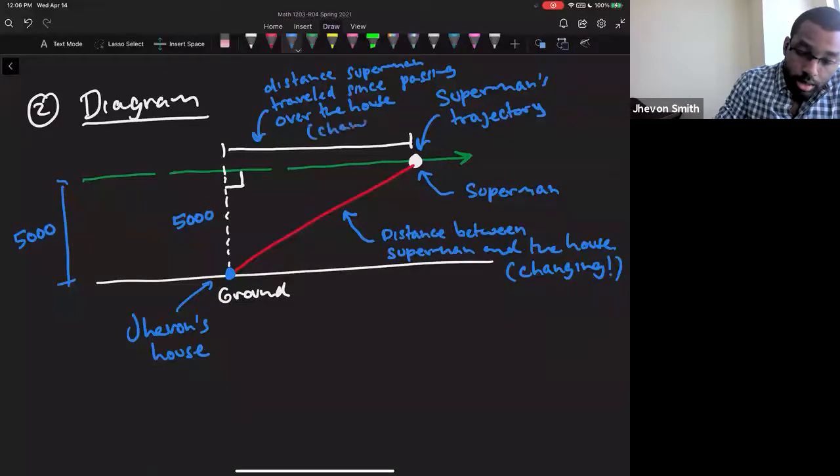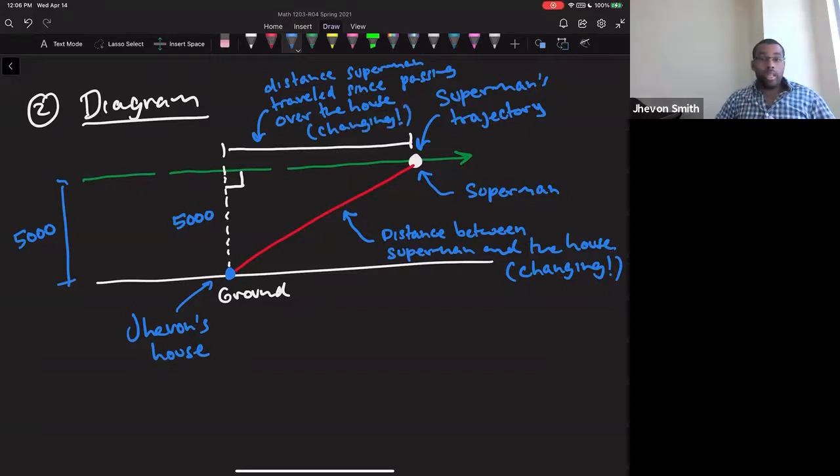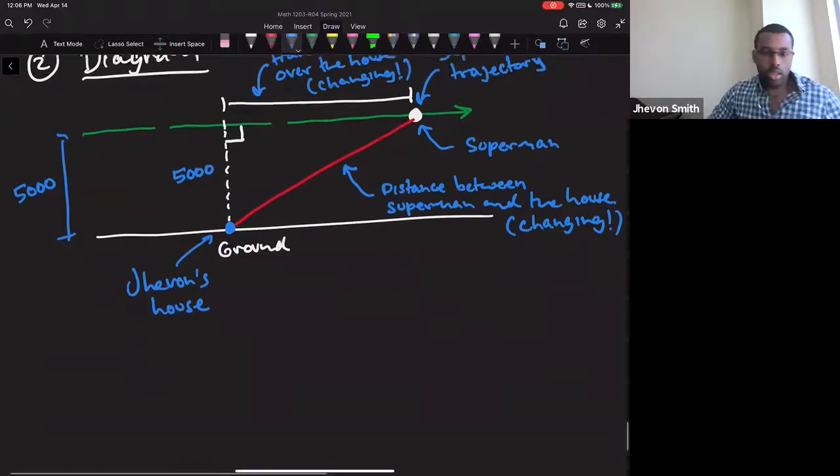It's also changing. The altitude is not changing. We are assuming that he's maintaining altitude and speed.